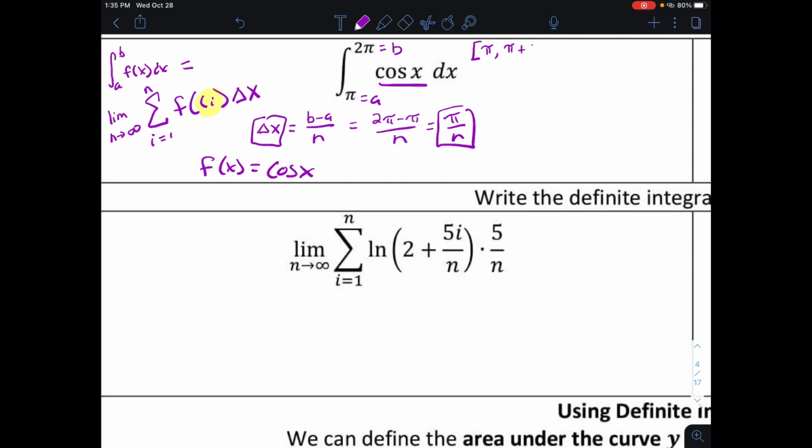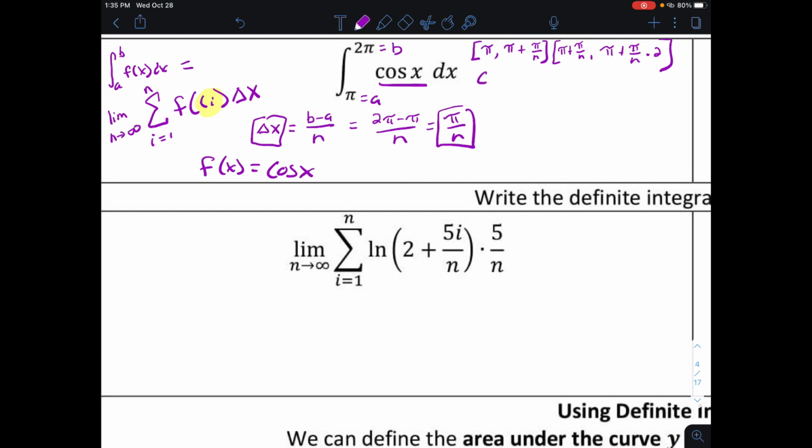The width of the interval will be pi over n. So that would be my first subinterval. My second subinterval would go from pi plus pi over n to pi plus pi over n times 2, because I would have to add pi over n twice to get to this second endpoint. And this would continue on until eventually I got to 2 pi.